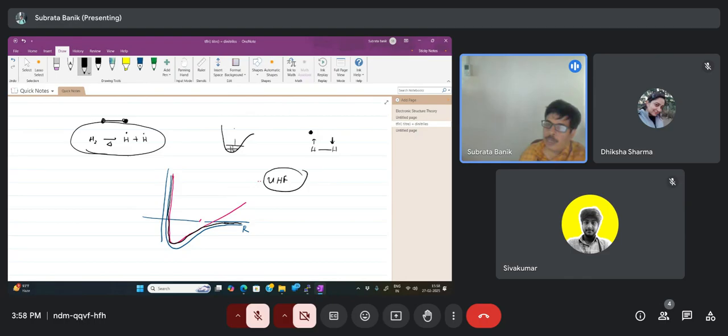Okay? So UHF can explain the dissociation limit, which restricted Hartree-Fock cannot. But still, we don't use UHF unless it's really necessary. We use RHF.